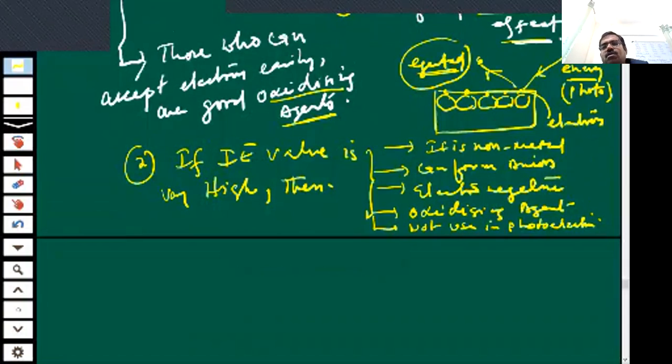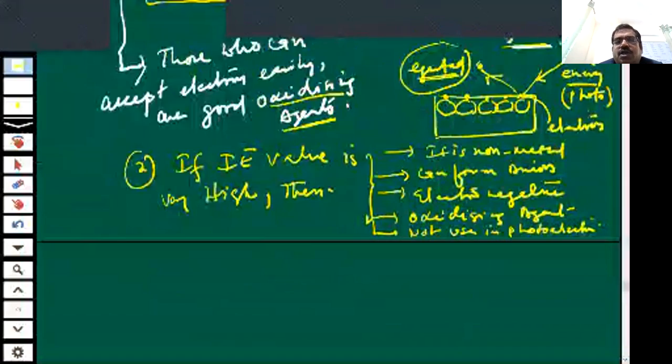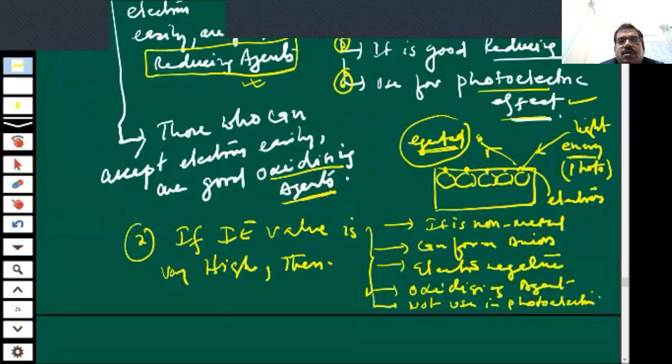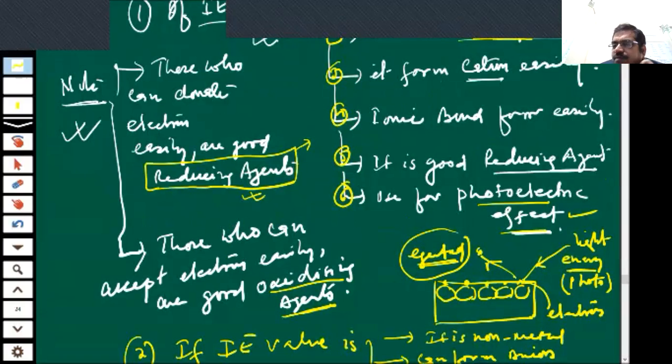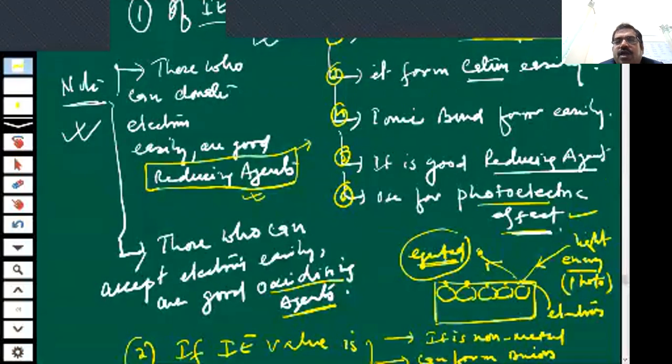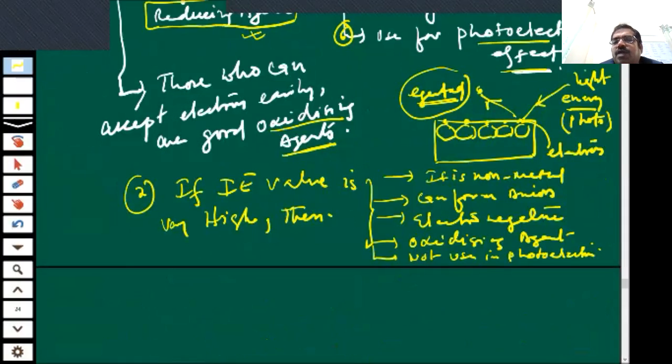Bond formation is different. If the bond is formed from electropositive and electronegative, an ionic bond will be formed, and electronegative and electronegative will form a covalent bond.